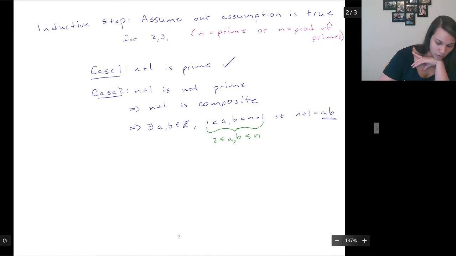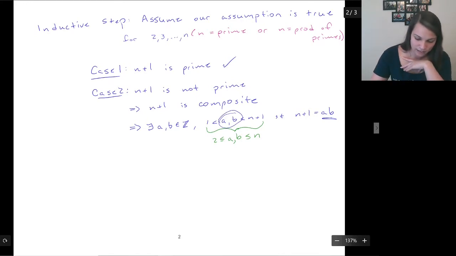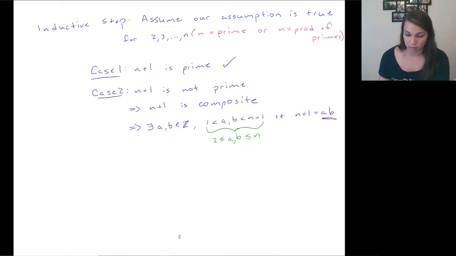So for 2, 3, all the way up to whatever n is. And now a and b, which are sitting here, are less than or equal to n. They're somewhere in here. I can express them as being either a prime or a product of primes.